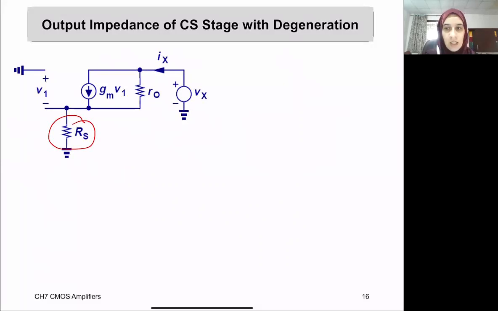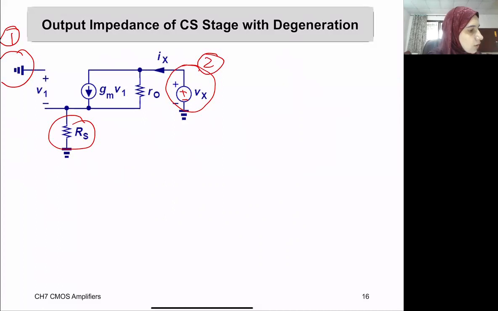Again, I revise the two things you need to do to find the output impedance: first, short the input; second, apply a voltage source at the output with a value of Vx and current coming out Ix. Your output impedance will be Vx divided by Ix. Those are the steps that we will follow.